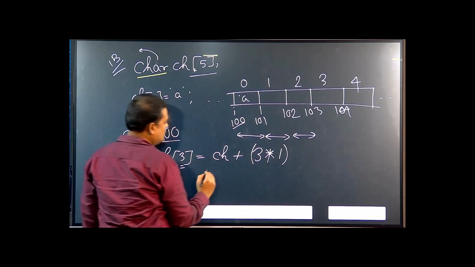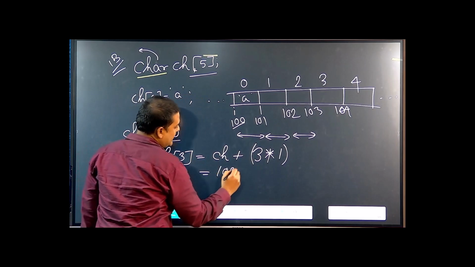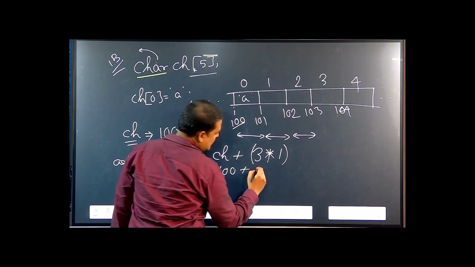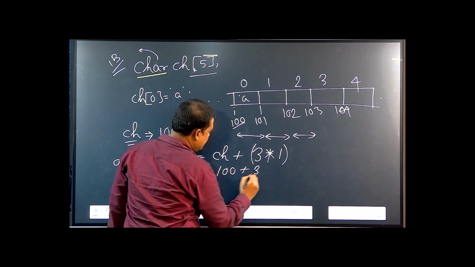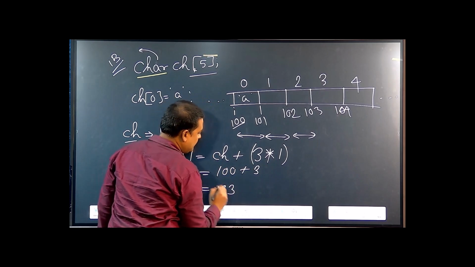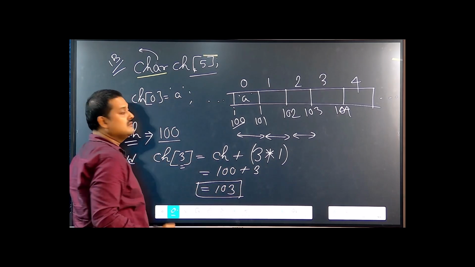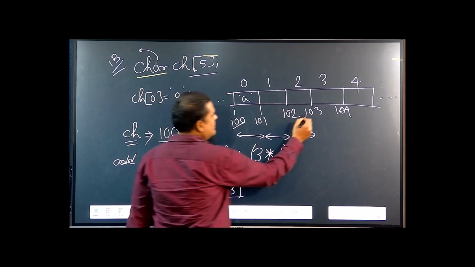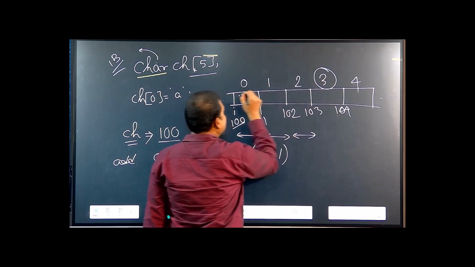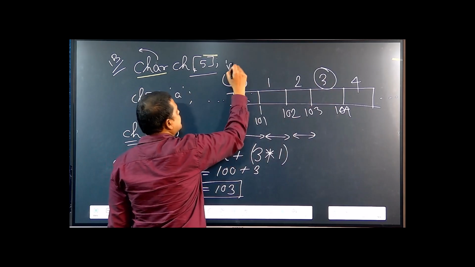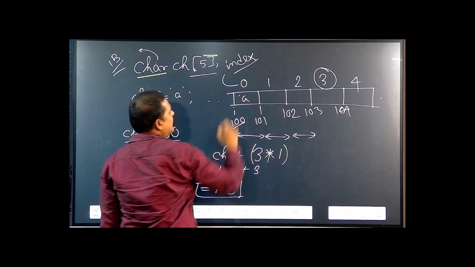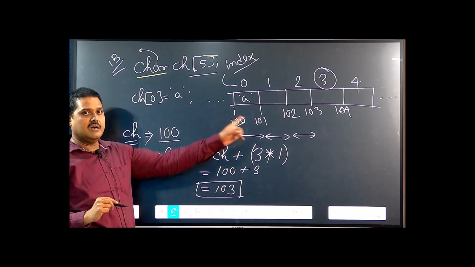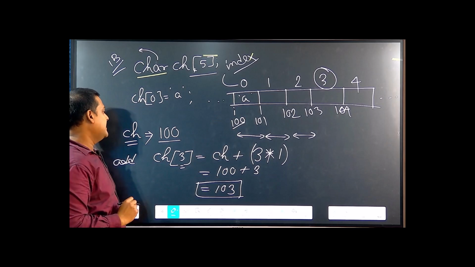So, ch is 100 plus 3 into 1, this is 3, that means 103. Look here, these are the indexes, and at the third index the address is 103.